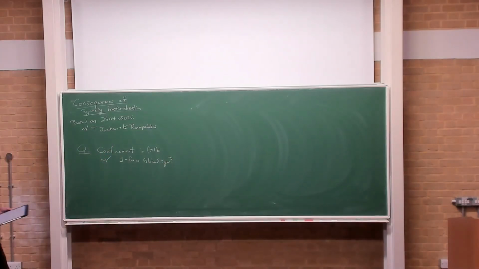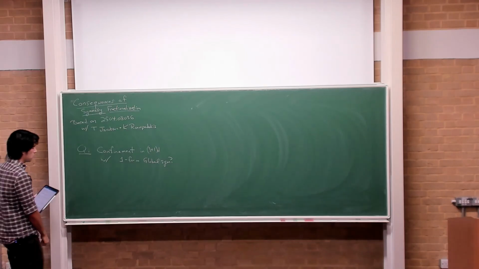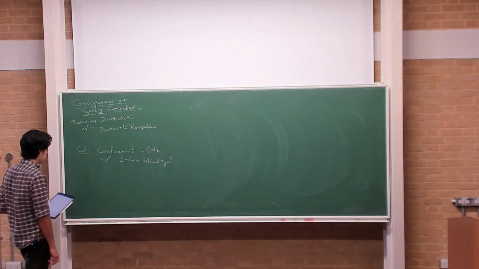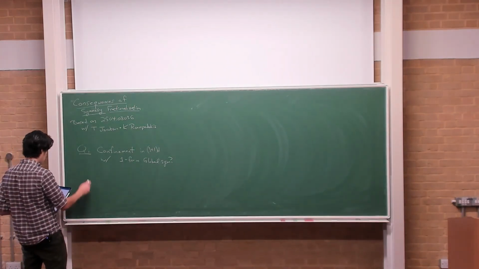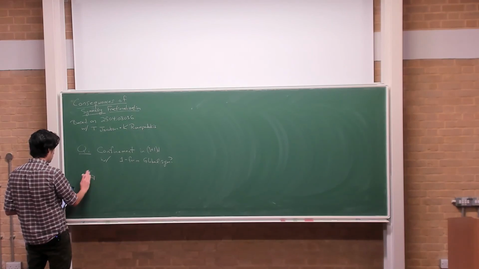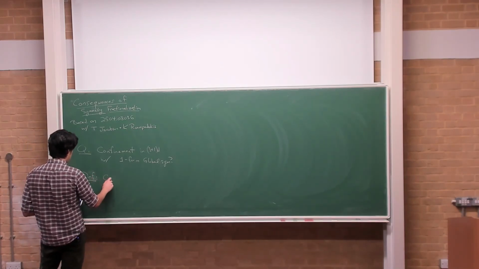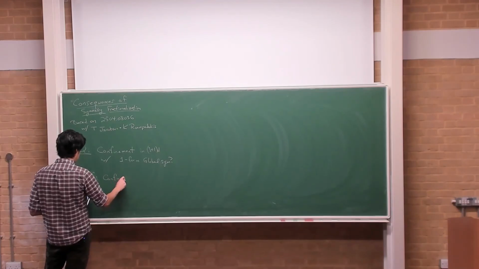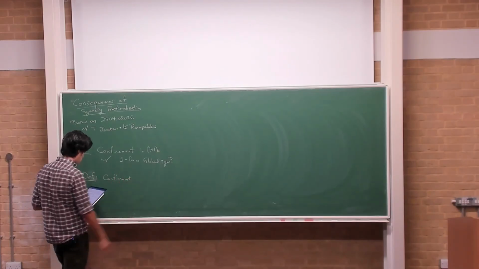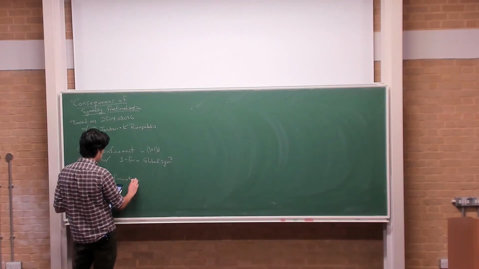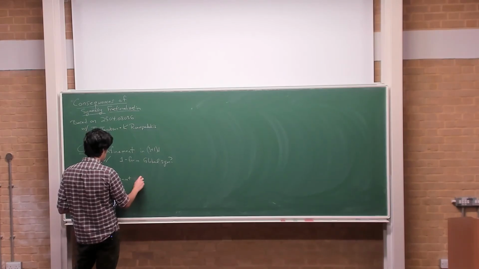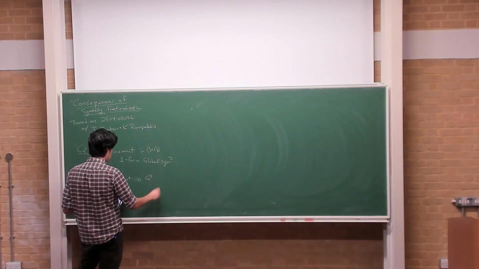Right. So you might even just stop me from writing this, because the modern viewpoint is that confinement is defined when you have a one-form global symmetry, which is preserved.